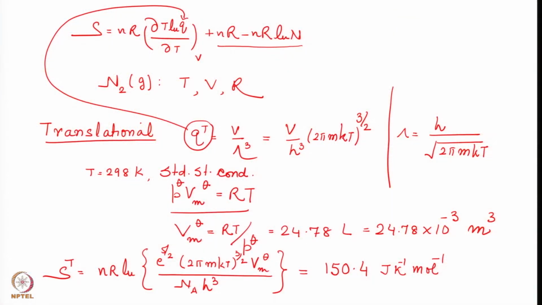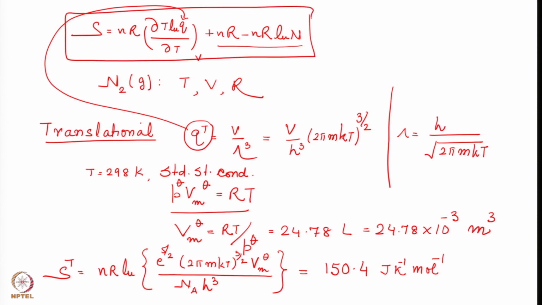If we take a look at this expression for translational contribution, we have already included the n factorial expansion. Remember, we used q is equal to q raised to the power n by n factorial.